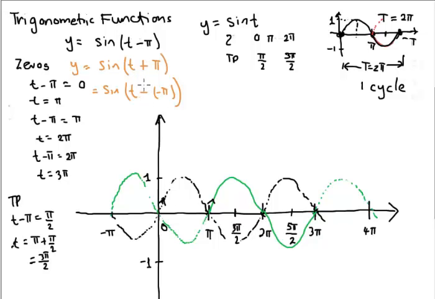Like I said before, you can read this minus sign as a kind of phrase which says shift to minus pi. And then here, shift to pi, or shift by pi, or shift by minus pi, meaning you move to the left.